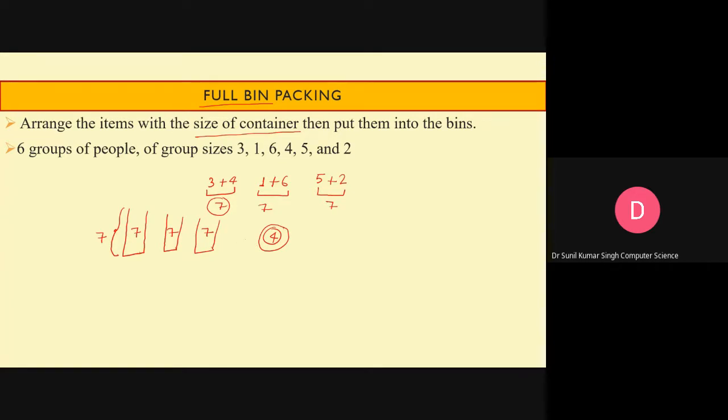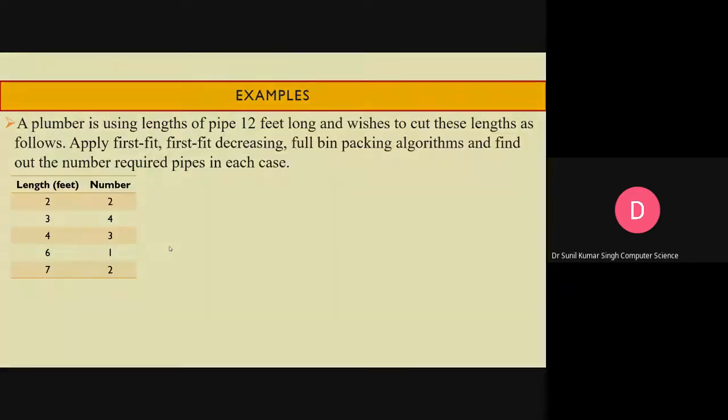Applying first fit decreasing or full bin packing, we use only 3 mini buses. And of course here once again utilization is 100%, wastage is 0%. So this is the working of the first fit algorithm, first fit decreasing algorithm, and full bin packing algorithm.